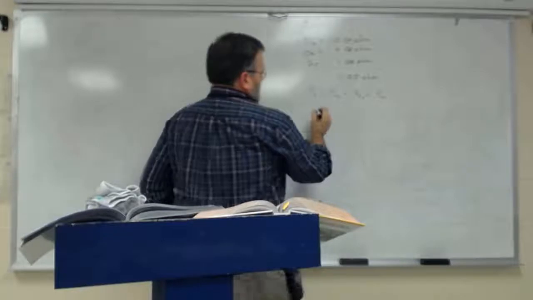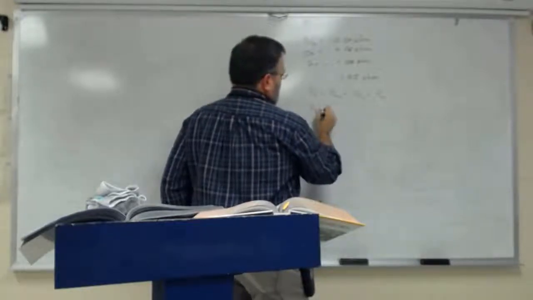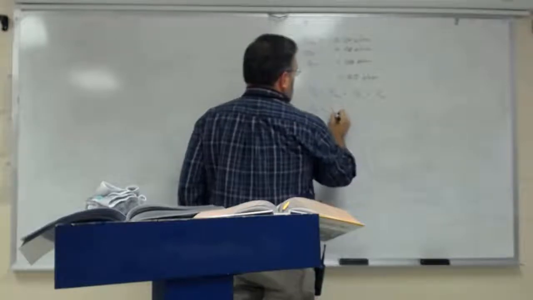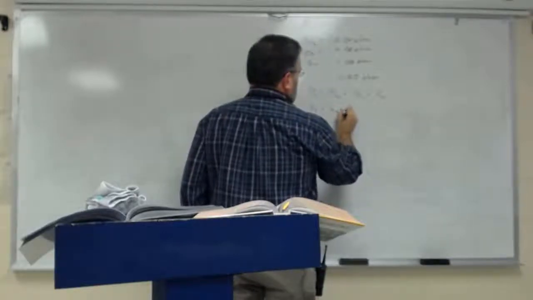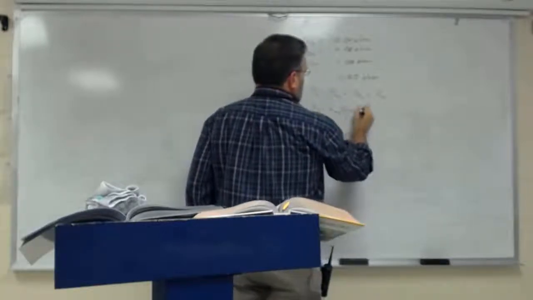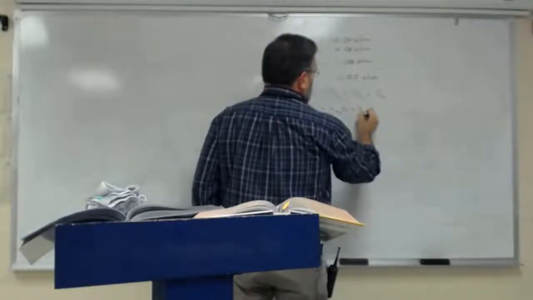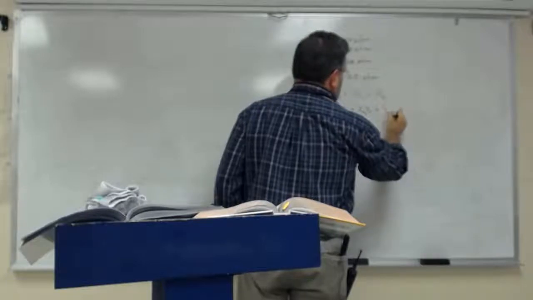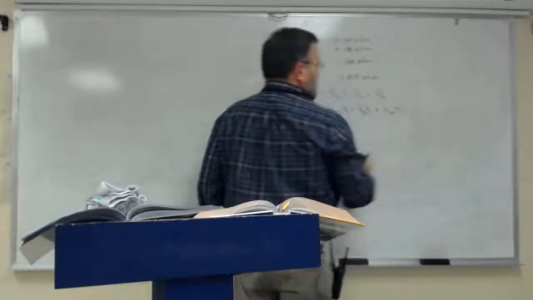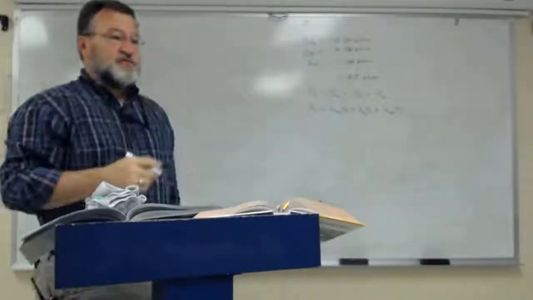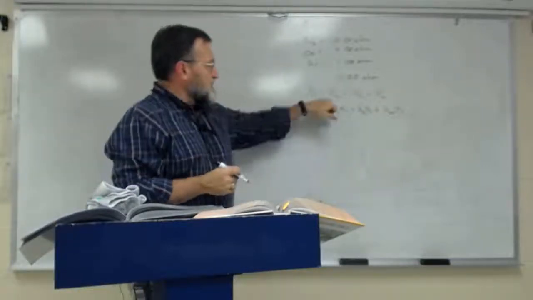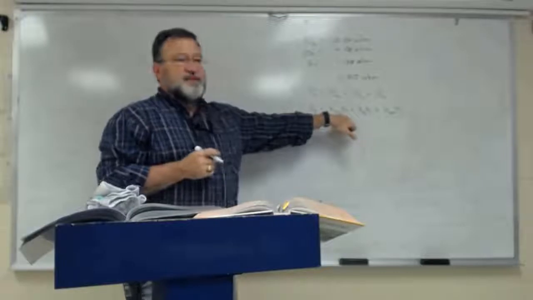Well, the pressure total is also equal to, another way to write the pressure of N2 is the mole fraction of N2 times the total pressure, plus the mole fraction of O2 times the total pressure, and the mole fraction of argon and the total pressure. Okay? Just formulaically, do you see that those are the same thing? That the pressure of N2 is equal to the mole fraction of N2 times the total pressure.